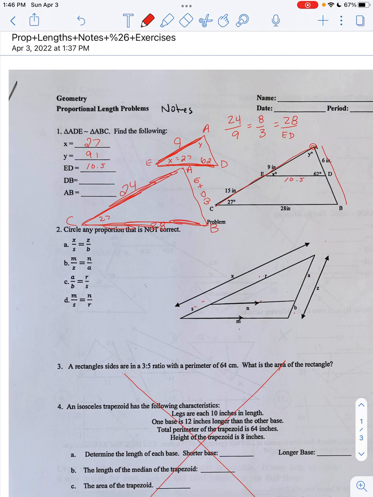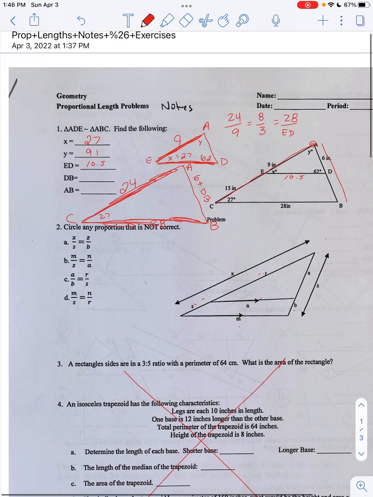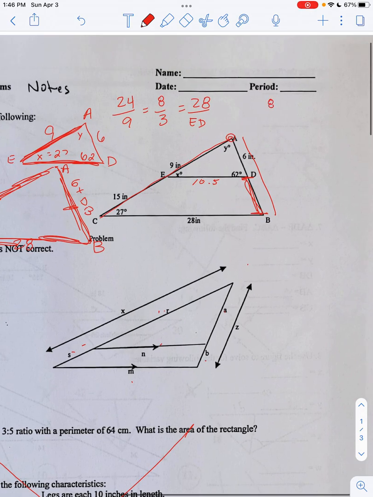Then to find the length of DB. So DB is just that small portion from here to here. So in itself, that side is not part of a single triangle, it's not its own side length of a triangle. It's part of AB, but it's not the entire thing. It's just that one portion of it. But what we can do is determine that we know that AD is 6, and we still have the scale factor of 8 to 3.